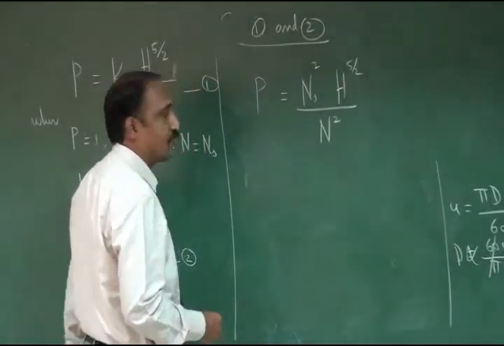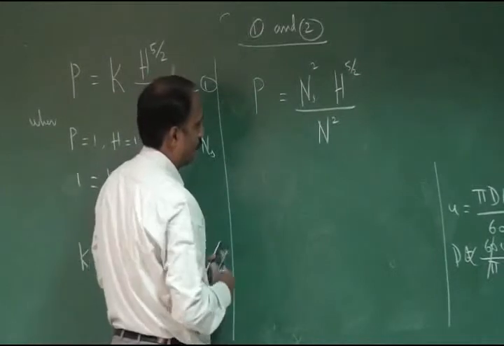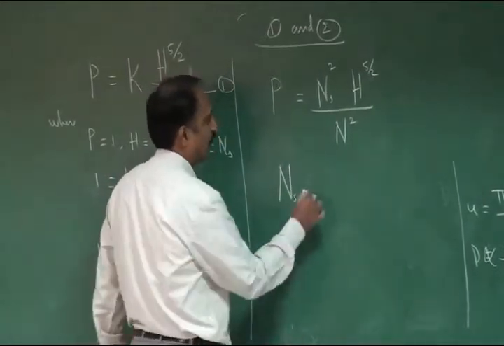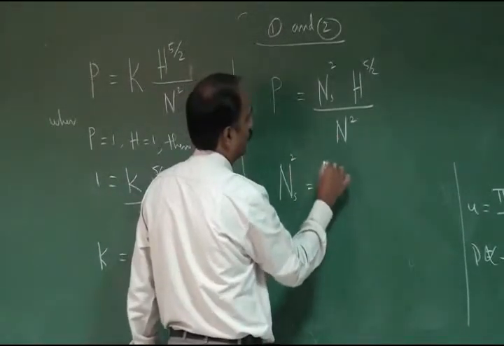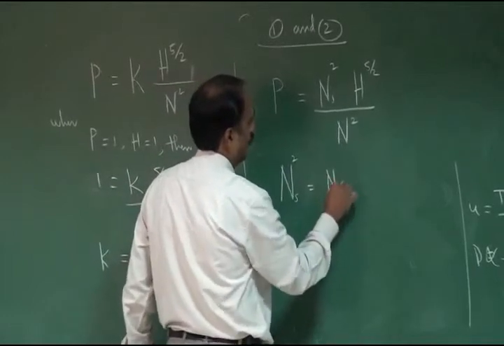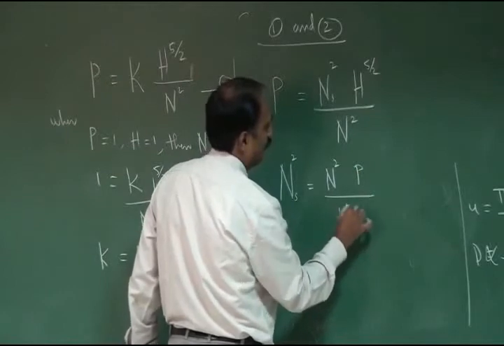Right? Rearrange this equation, where Ns is the specific speed, which is equal to n square P divided by h power 5 by 2.